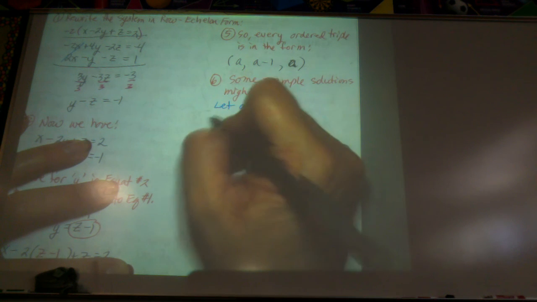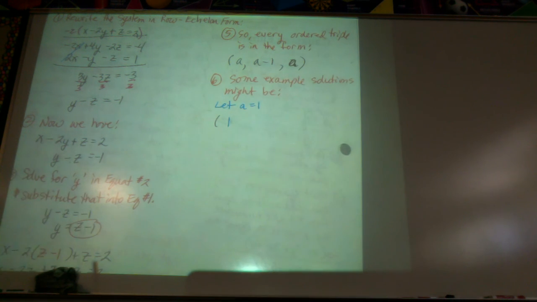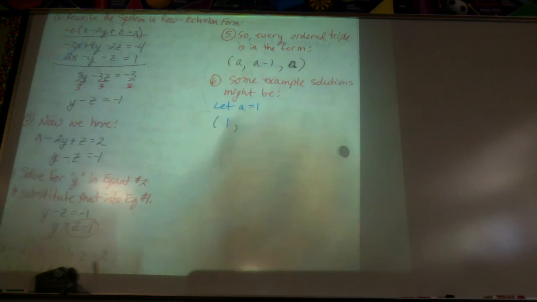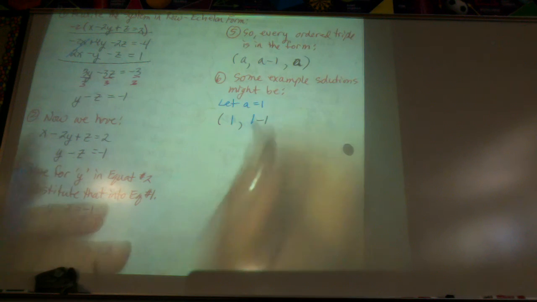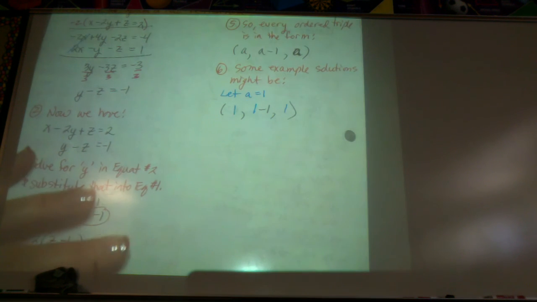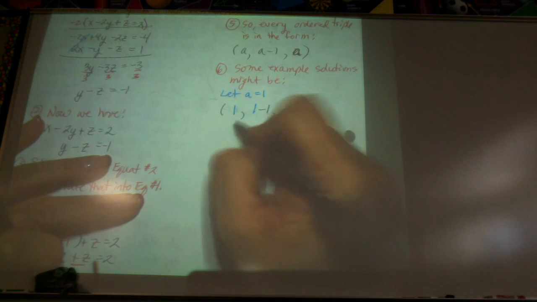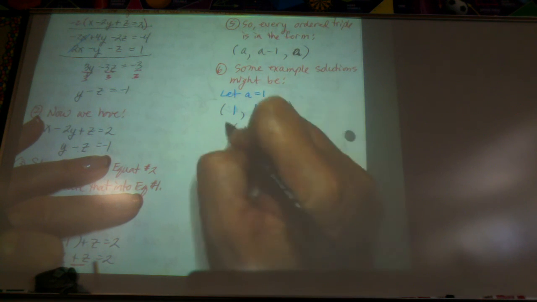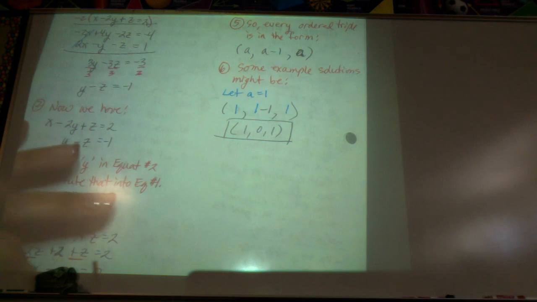So in my triple, I end up with 1, because a is 1, comma, 1 minus 1, comma, 1. Right? All I did was replace the a with 1. 1 minus 1, 1, which the answer would be 1, 0, 1. Right? There's an example solution.